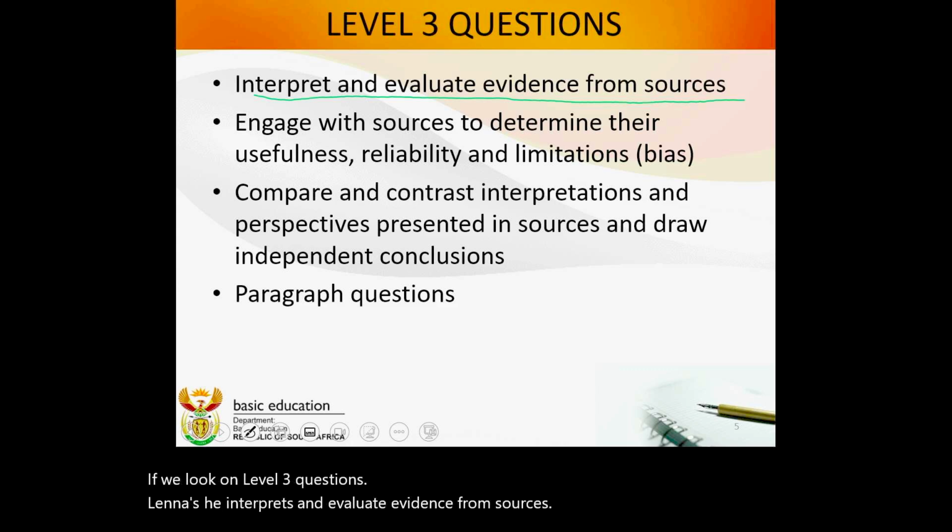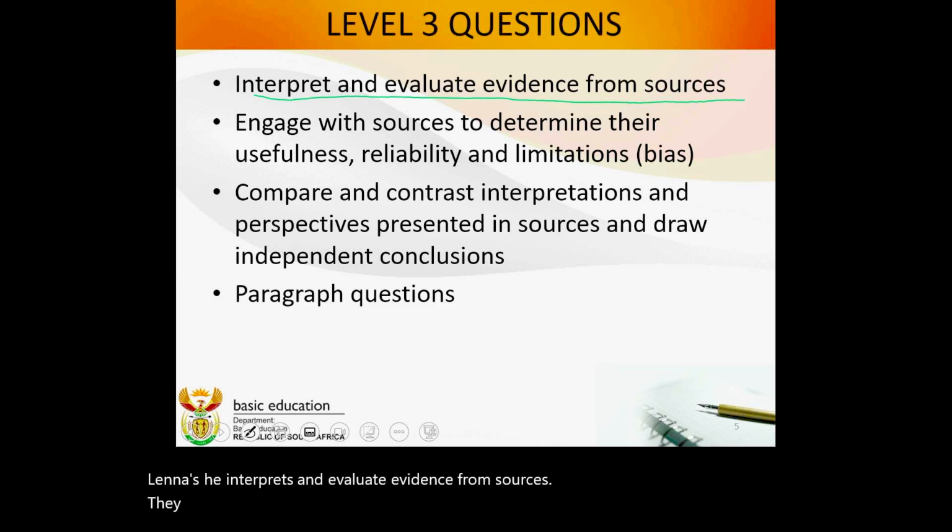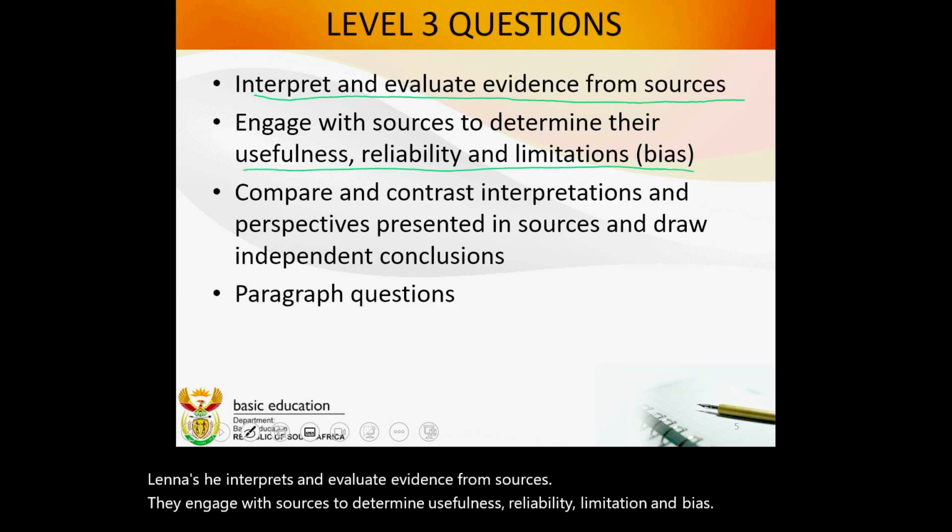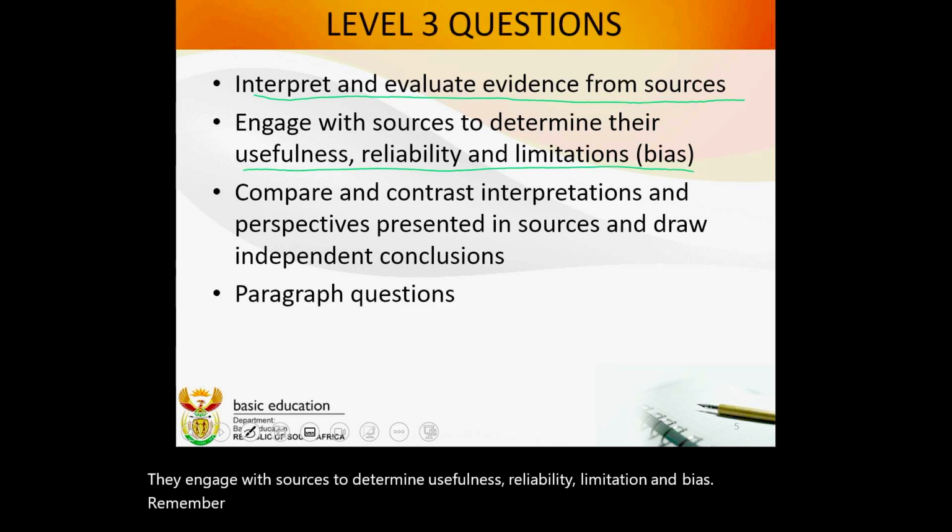They engage with sources to determine usefulness, reliability, limitation, and bias. Remember how these questions are phrased. The question will say, comment on the usefulness of this source when you are researching about the successes of the Marshall Plan.